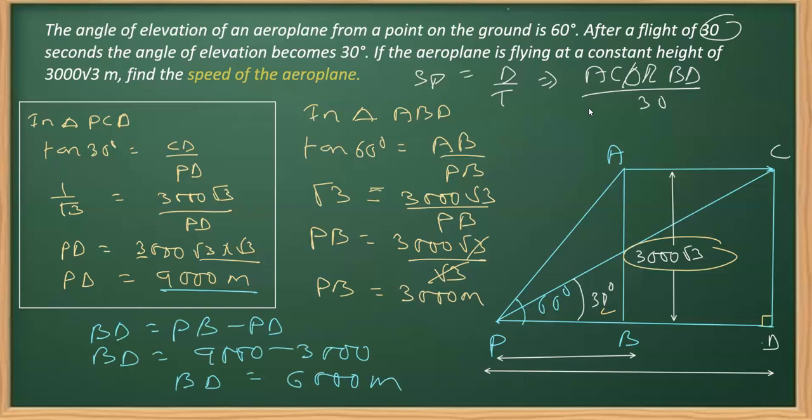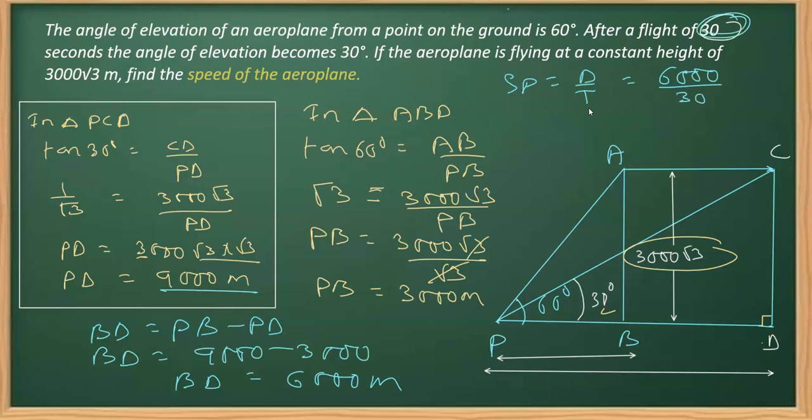Now, as I said in the beginning, we have to get the speed, and speed is equal to distance upon time. So in this case, the distance we have already calculated and the time is already given to us. So at the end, we'll simply write speed is equal to distance over time, distance which is 6,000 meter and the time which is 30 seconds.